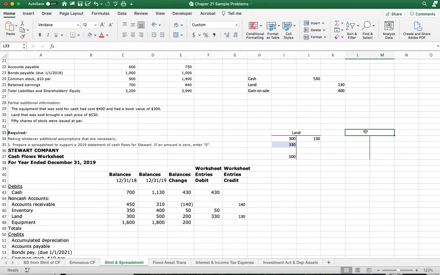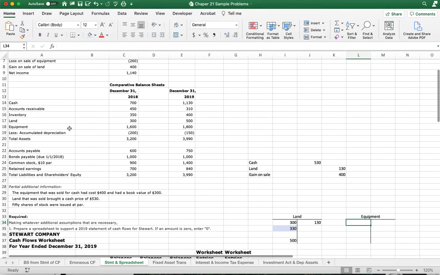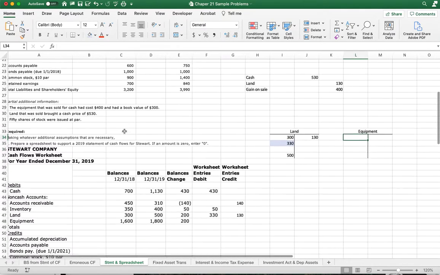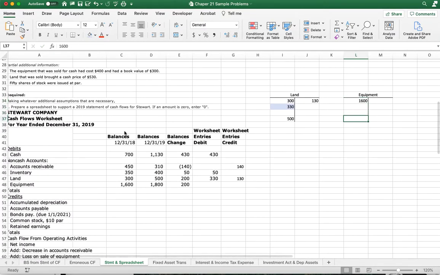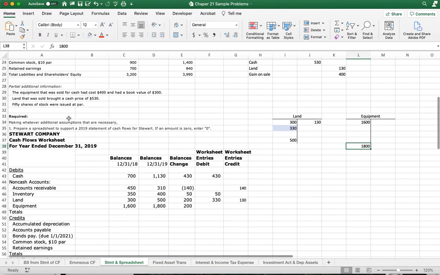Now for equipment, we'll do something very similar. We had a beginning balance of $1,600, an ending balance of $1,800. And then what else happened? Equipment that was sold for cash had a cost of $400 and a book value of $300.